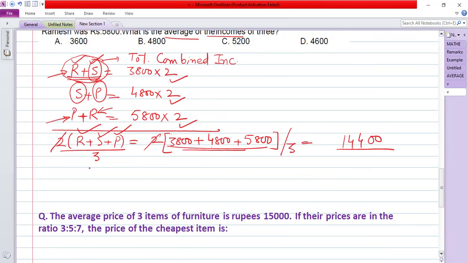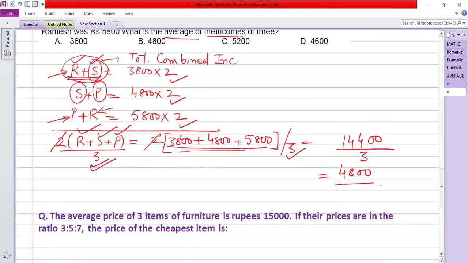I repeat, since there are 3 persons, to have the average salary, we must divide by 3, not by 6. So here divide by 3, and even here divide by 3. So what we will get is 4800.